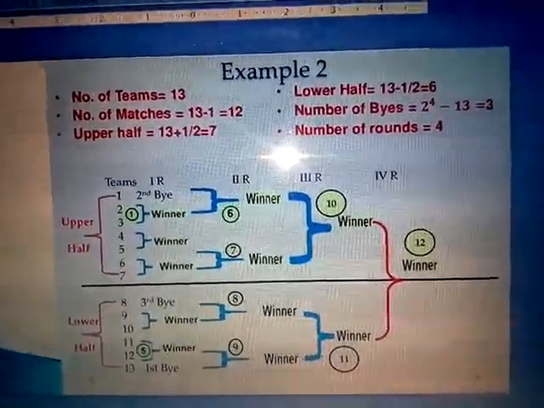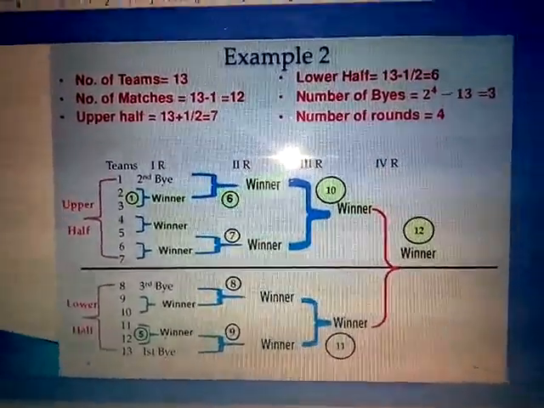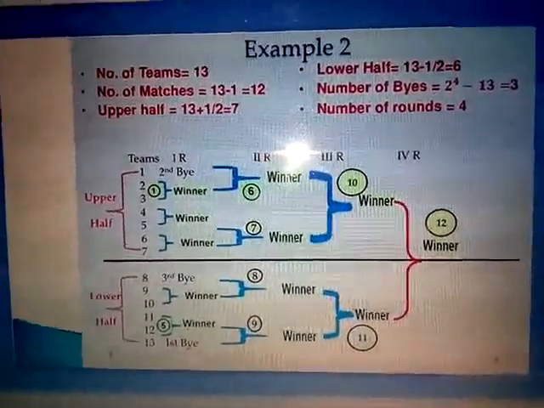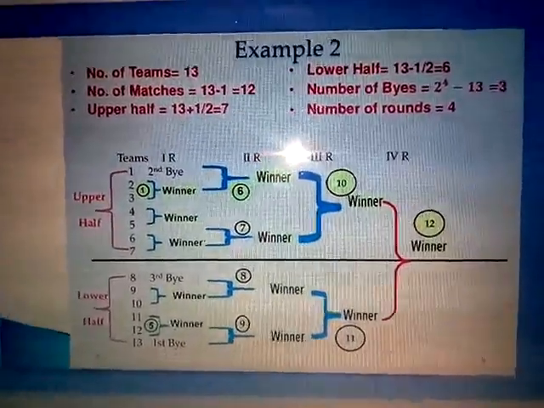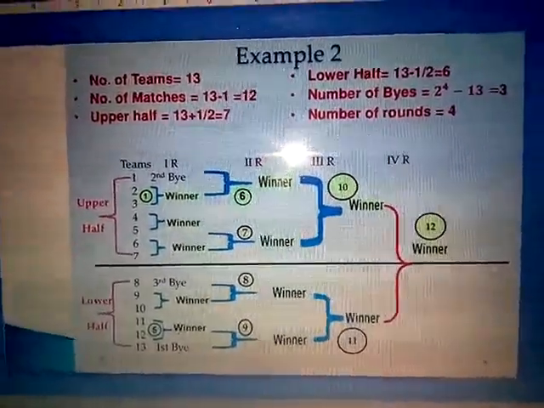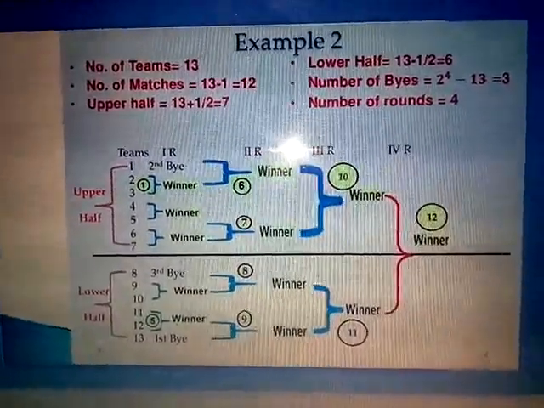That means 7 teams are going to be in the upper half. Always remember, the upper half will have one team more. Lower half: 13 minus 1, that means 12 by 2, so 6 teams are in the lower half.